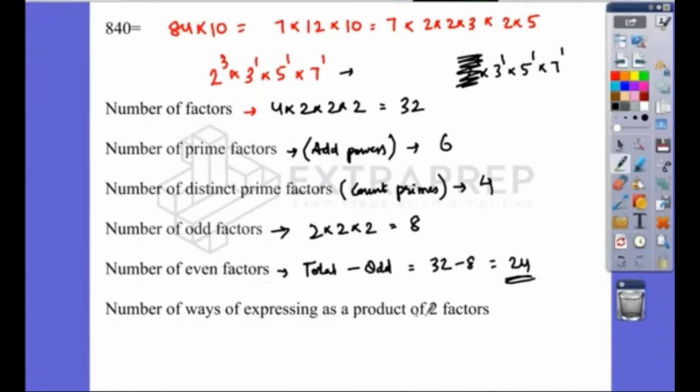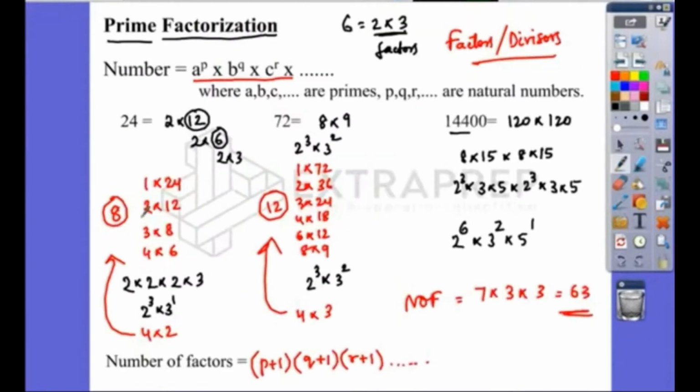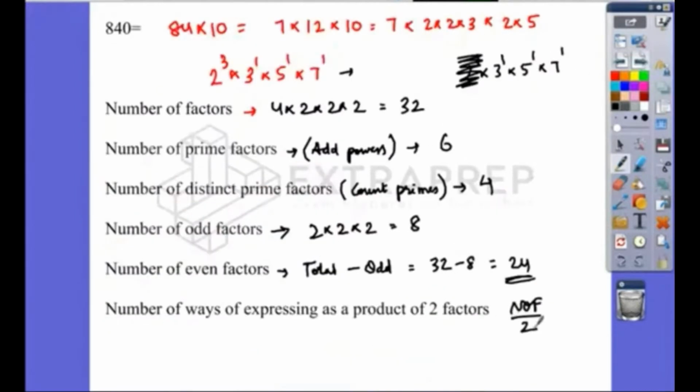Now, the number of ways of expressing a number as a product of two factors is the number of factors divided by 2. For example, you have 8 factors and you write it as a product of 2 factors in how many ways? 4 ways. You have 12 factors and you write it in how many ways? 6 ways. Similarly, the number of factors divided by 2 will give you the number of ways of expressing as a product of 2 factors.